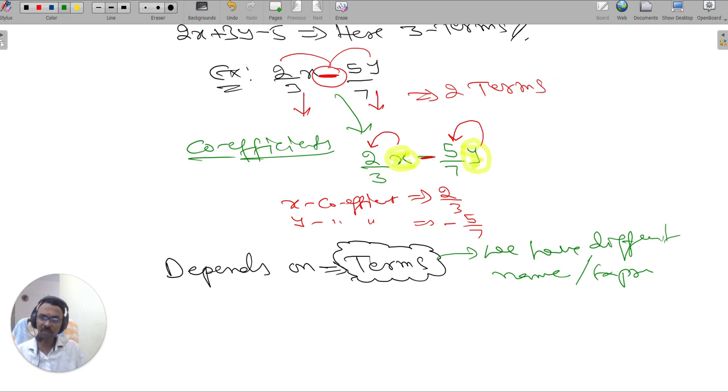We learned 2 terms, 3 terms, 4 terms, 5 terms are there in this, depending on the terms.